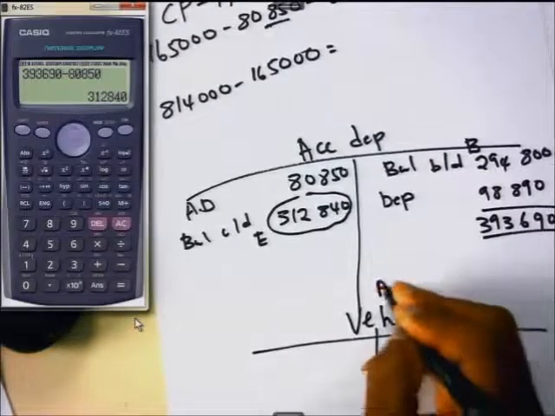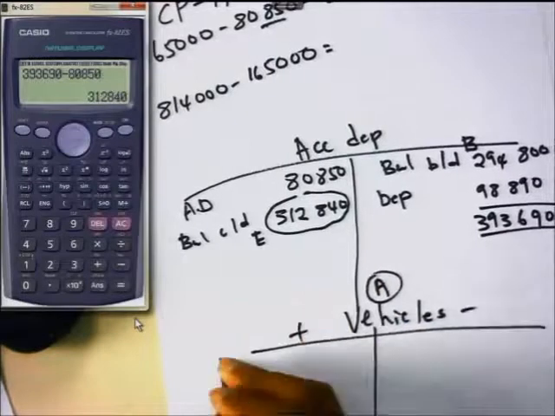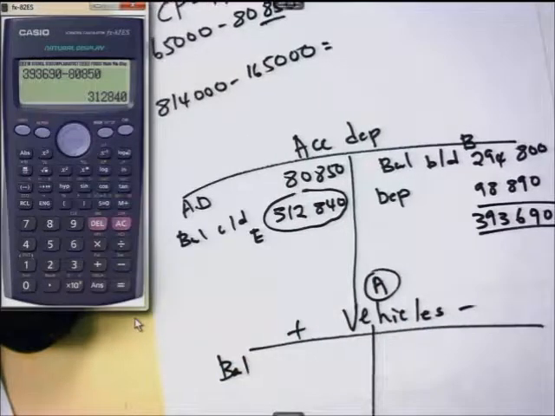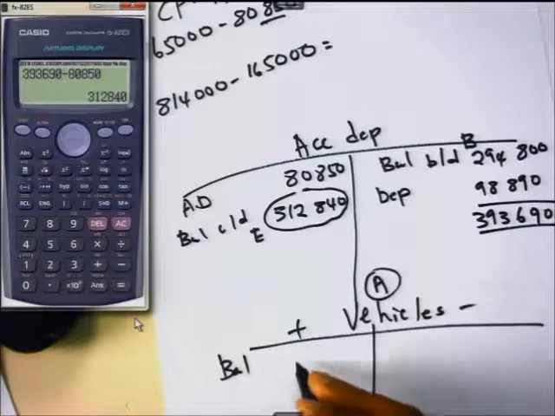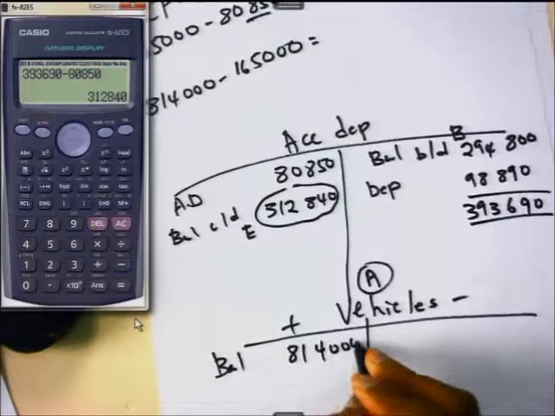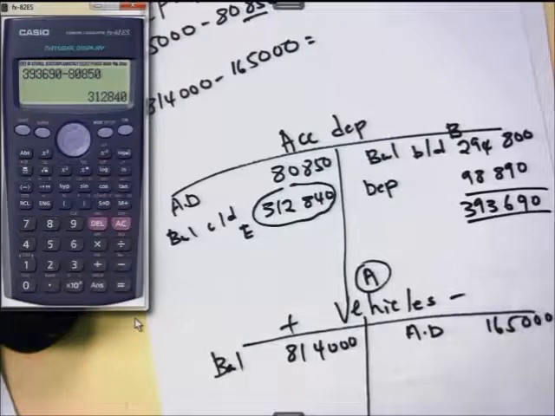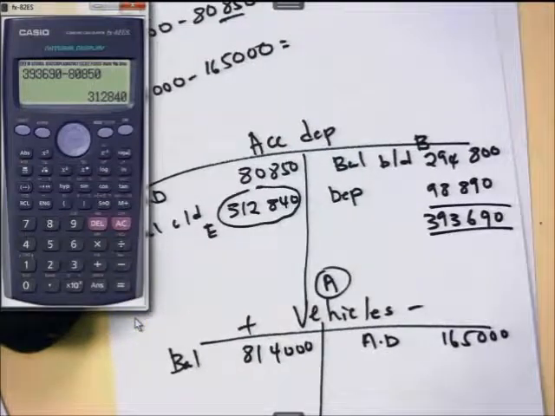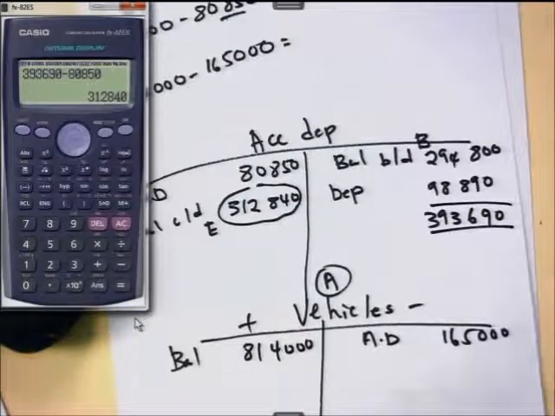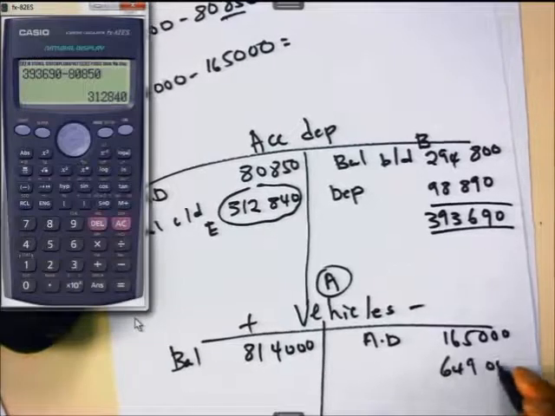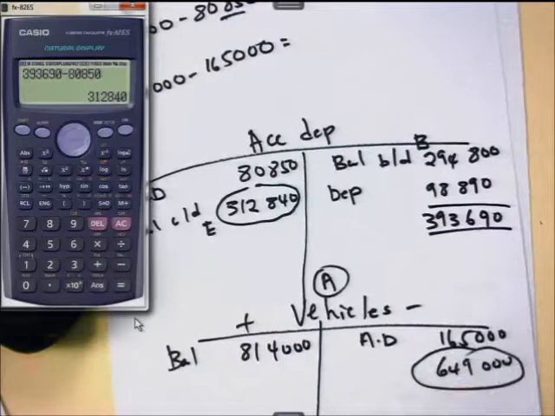Even if you want to use the vehicle account, we can simply say vehicle. Remember, vehicle is an asset. It will increase there, decrease there. We'll have balance at the beginning, it was 814,000, and then there is asset that was sold for 165,000. And then if you simply say 814 minus 165, we'll get 649,000. That is the cost price at the end of the year as calculated.